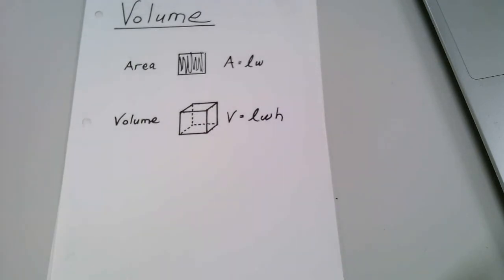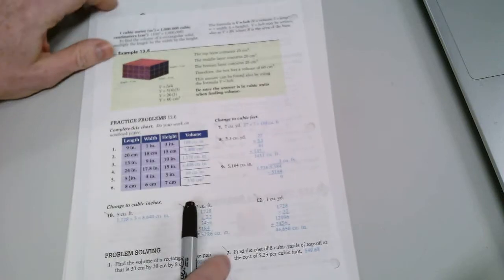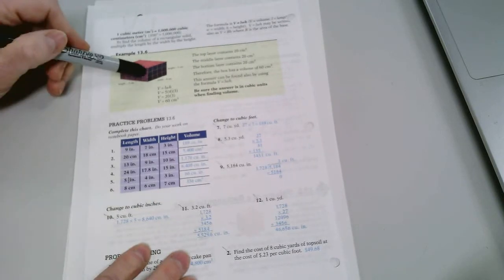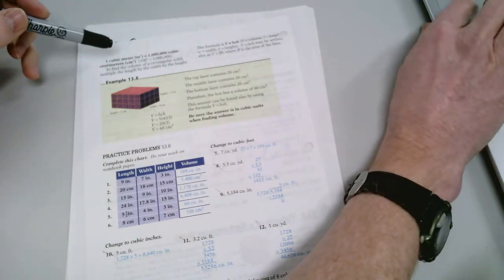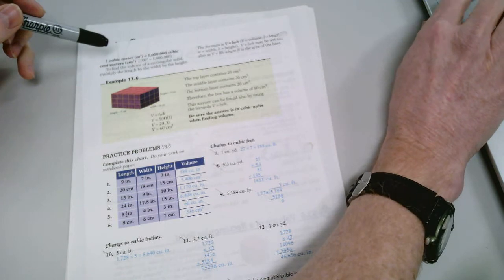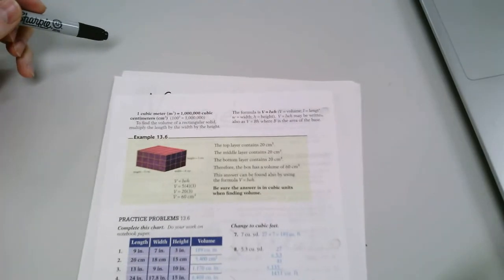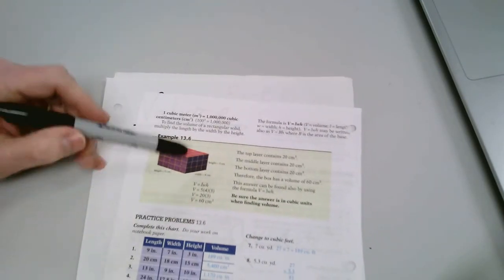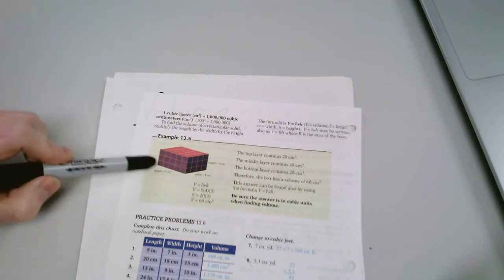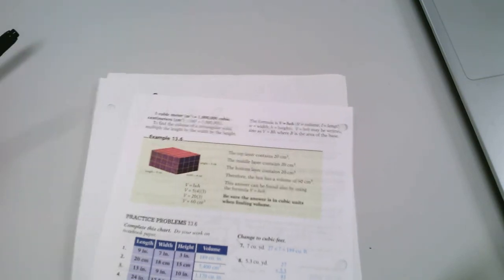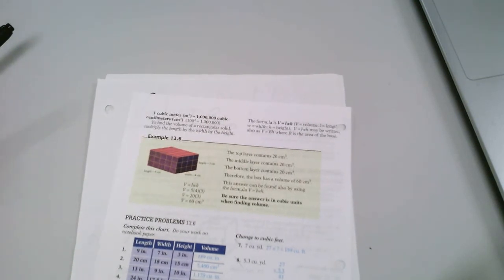So let's actually look at a question here. You can see it right here. You've got a shape here. Oops, let's make sure it's focused. Okay, so we have a rectangular prism here with a length, a width, and a height. So we are going to use the numbers that they've given us on here.